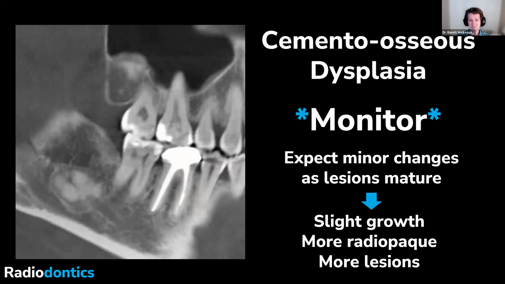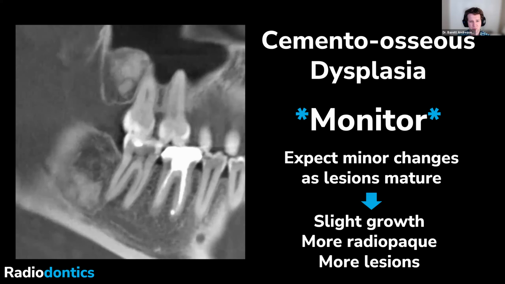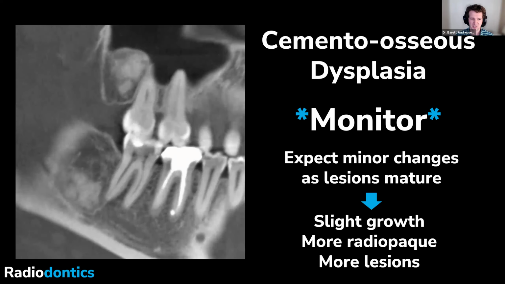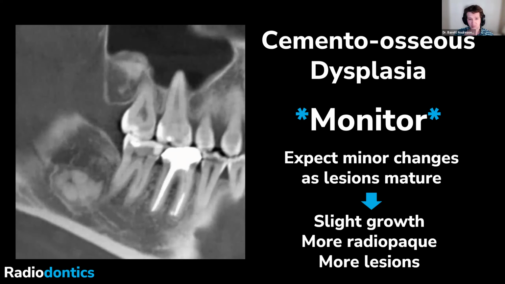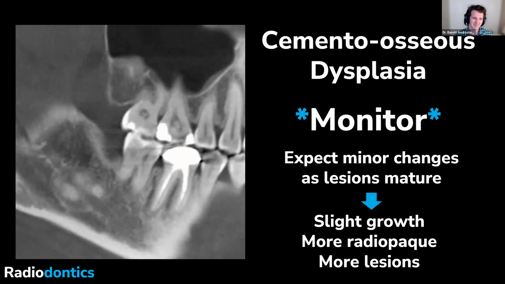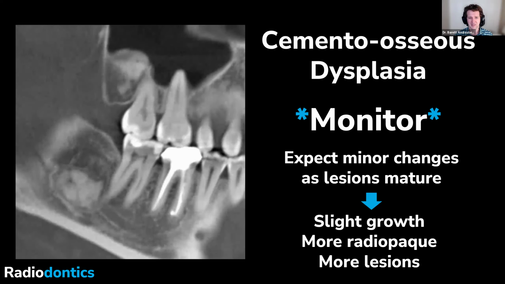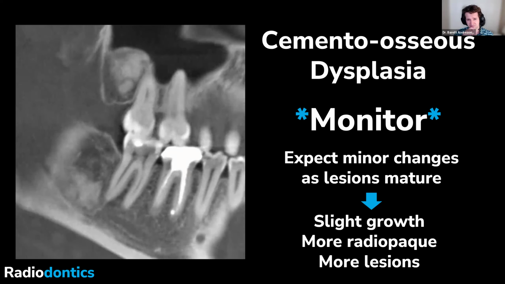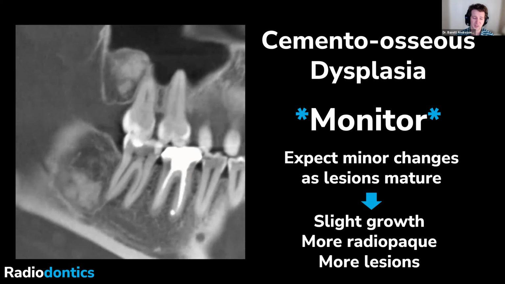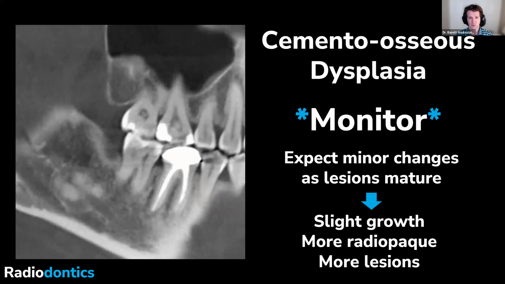We often anticipate slight changes, like slight growth or continued radiopacities developing within these lesions, maybe more lesions forming, but in general, they get to a certain stage and just stop growing. So nothing really exciting as far as cemental osseous dysplasia goes, but if you have a question about what you're looking at, is this cemental osseous dysplasia, you can always reach out to an oral radiologist for help.